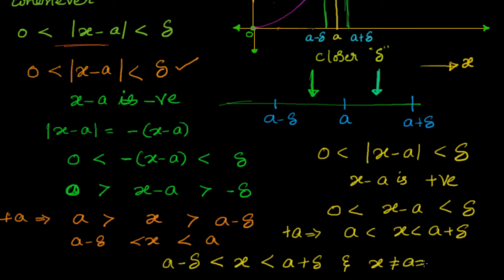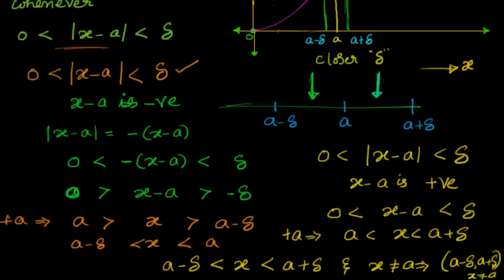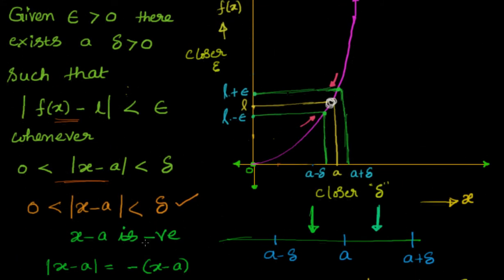Or can I say it better as the open interval (a minus delta, a plus delta), with x not equal to a? So what we understood now is that the meaning of 0 less than mod of x minus a less than delta is nothing but x is between a minus delta and a plus delta, but x is not equal to a.